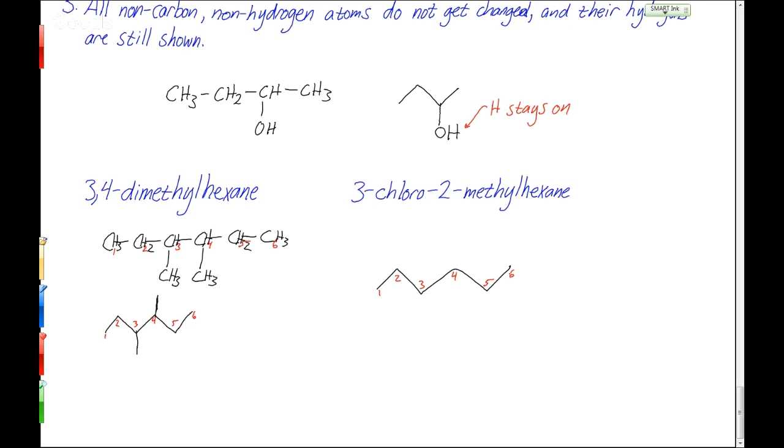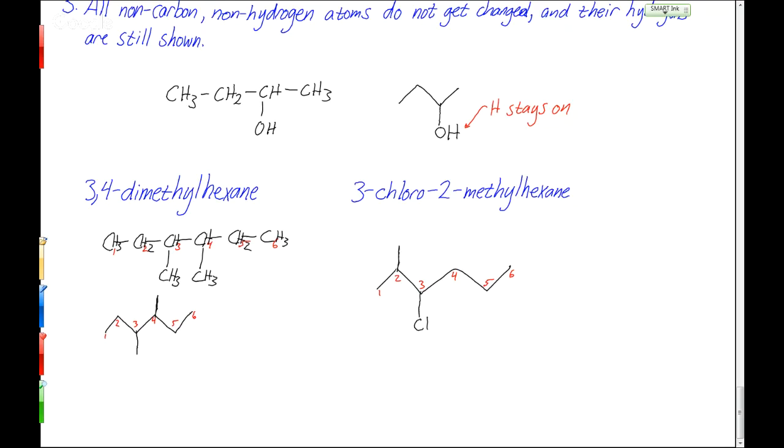So we can add those. 3 gets a chloro. And we don't abbreviate that because it's not carbon or hydrogen, so we put Cl. And then number 2 gets a methyl, and we leave that one just like that. And that's our structure.